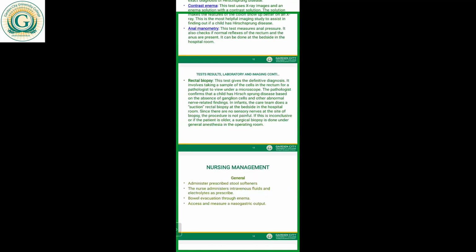Four, rectal biopsy. This test gives the definitive diagnosis. It involves taking a sample of the cells in the rectum for pathologists to view under a microscope. The pathologist confirms that a child has Hirschsprung's disease based on the absence of ganglion cells and other nerve-related findings.